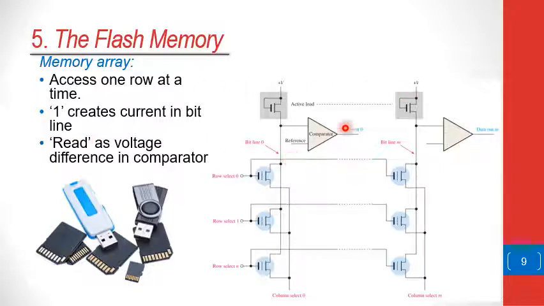The comparator output is simply a comparison of the voltage difference between the voltage on the bit line and the reference voltage, which is given within the flash drive itself.